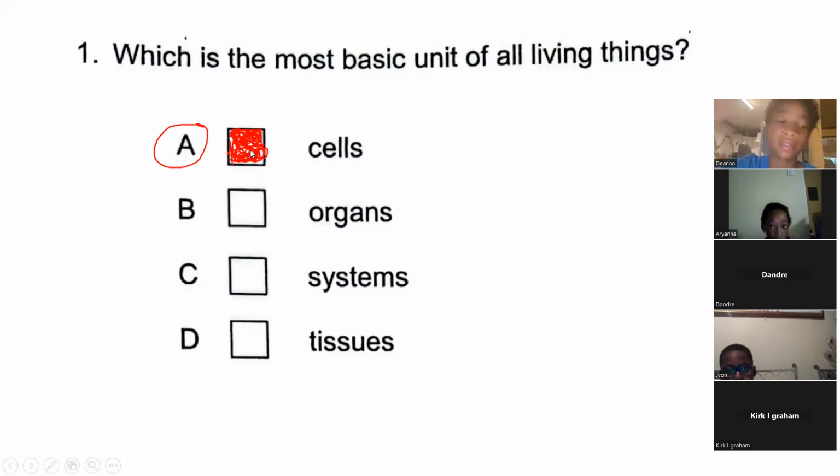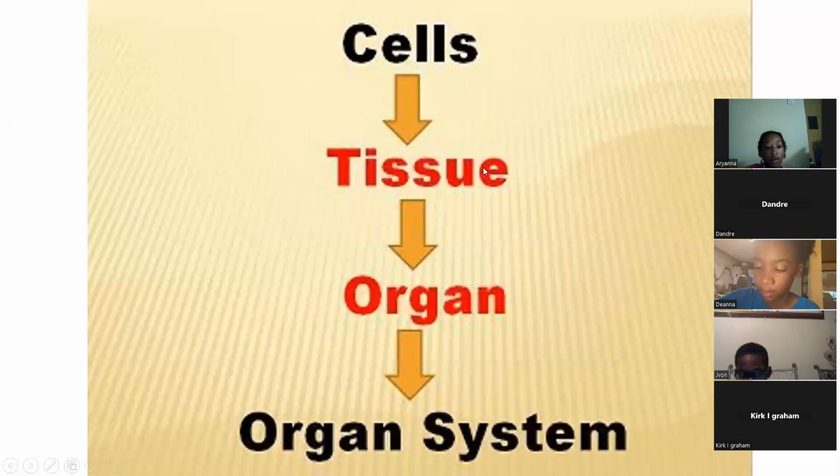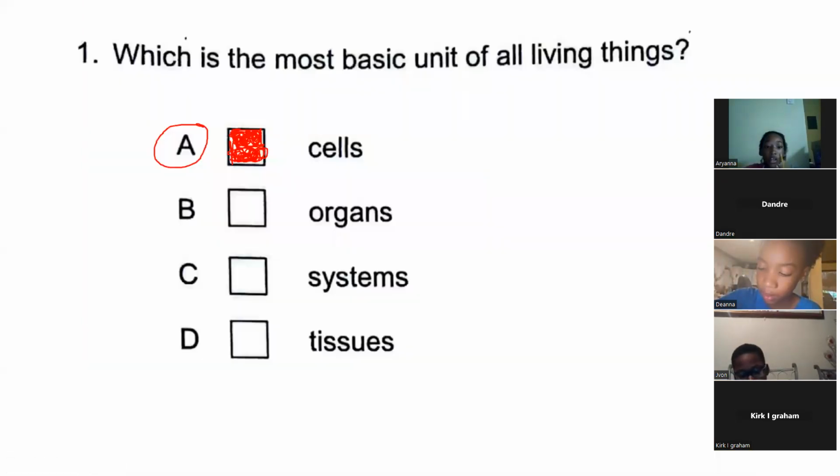Cells. Okay. Ariana, do you have that shaded in? Yes, sir. Okay, so let's move on to the next question. Oh, are we doing this in the textbook? Yes, you're doing it in your textbook. Well, we already did this. You already shaded in your textbook?